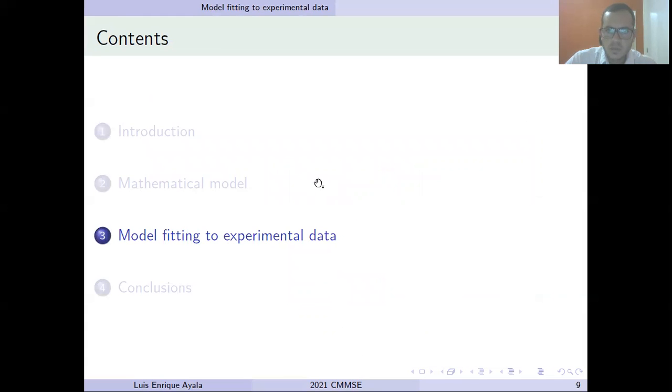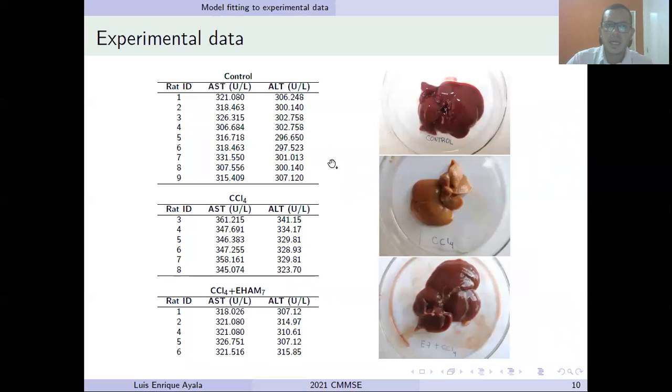Model fitting to experimental data. Here I show you the experimental data measured by the biologist. There are three groups: the control, the cirrhotic or only carbon tetrachloride, and the treated cirrhotic group.